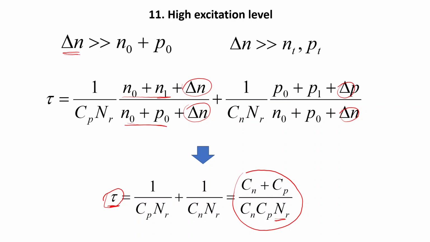And in the high level of excitation, we get recombination lifetime which is determined by the properties of the defect, CN, CP, capture coefficients, and their concentration. But in both cases, it's just a single number, which is determined by a set of parameters and does not change over time as recombination happens and the concentration of non-equilibrium charge carriers reduces.